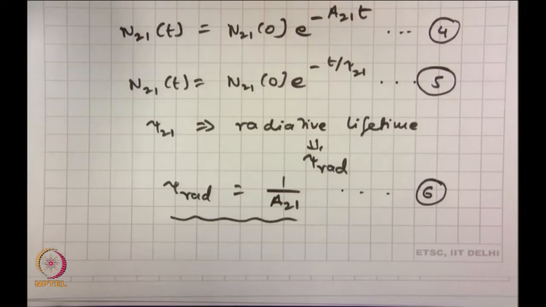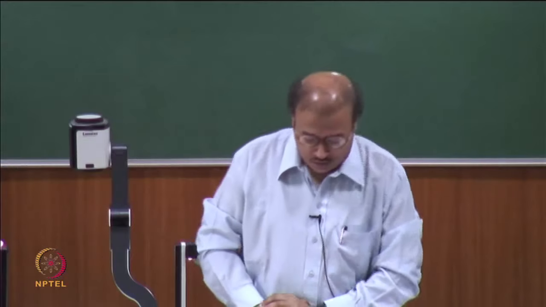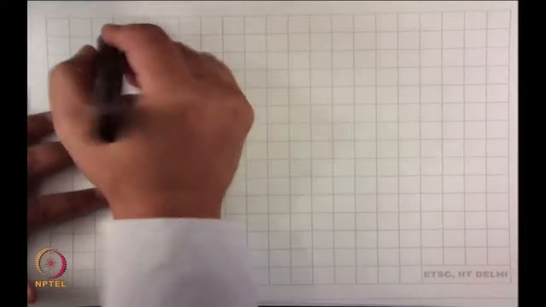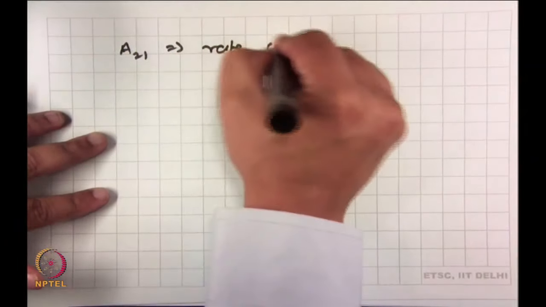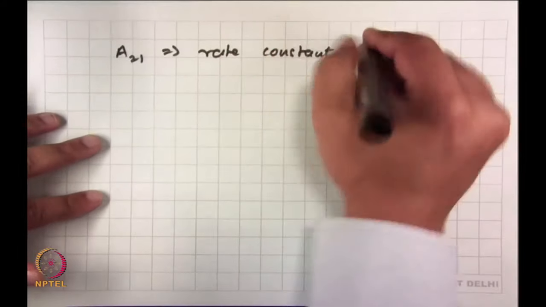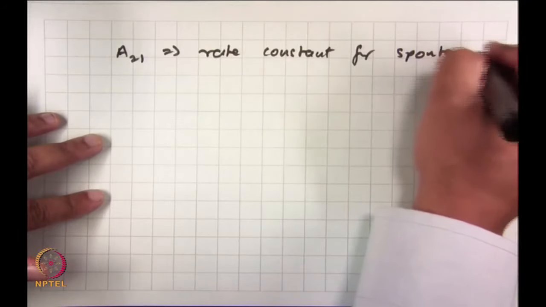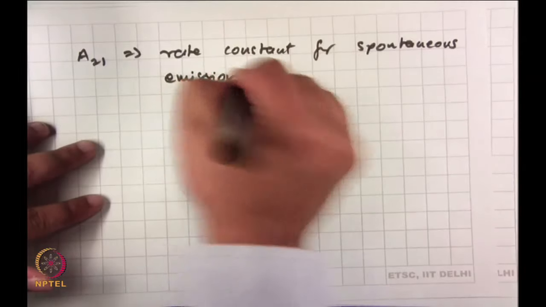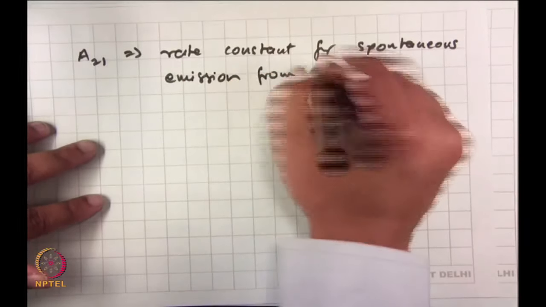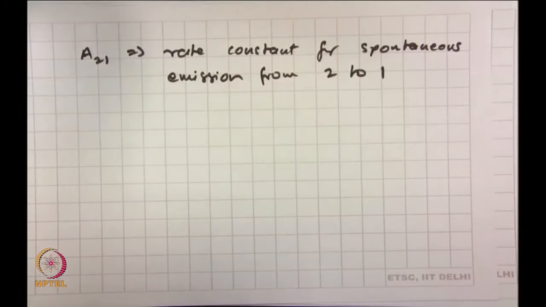Okay. Now, this is a very important equation where A21 is a rate constant for spontaneous emission from 2 to 1, that is from state 2 or level 2 to level 1.